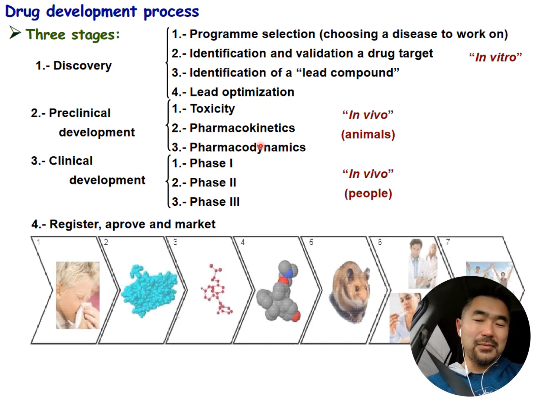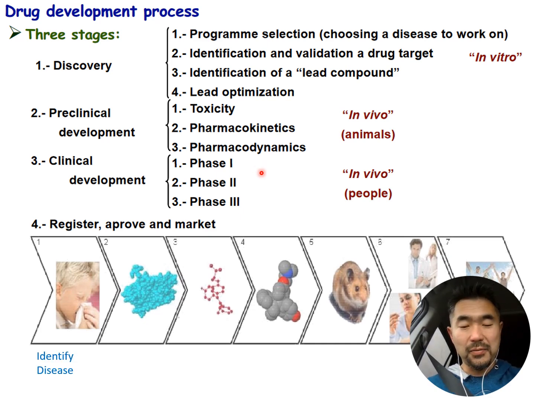And then sometimes it only goes up to mice, but mice almost always are sort of go-to animals for these things. And then once the clinical trial begins, of course, that testing is with people.